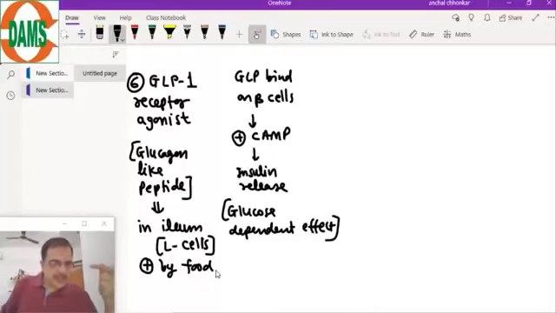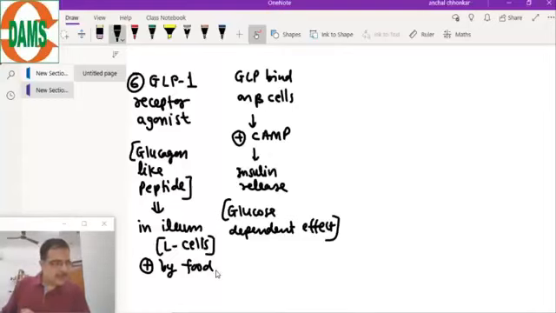So this GLP-1 is released from the intestine, and how is it released? When we take the food. That food stimulates the ileum L cells, and that causes GLP release, which then goes to the beta cells of the pancreas and leads to the release of insulin.